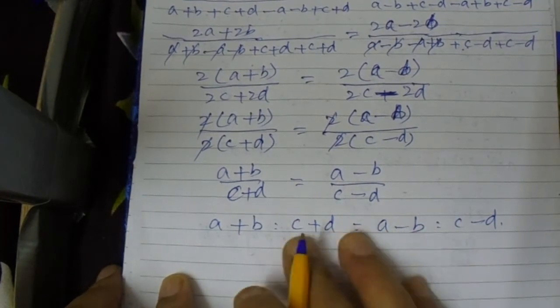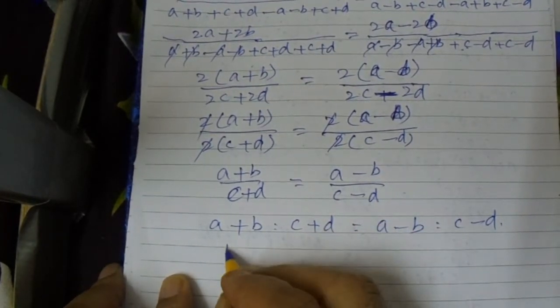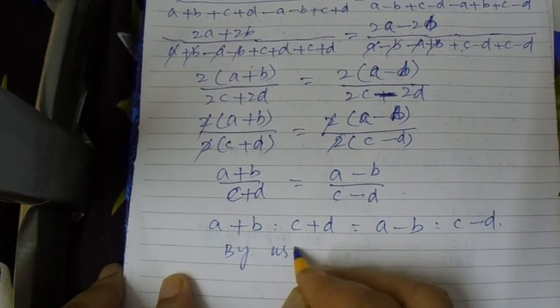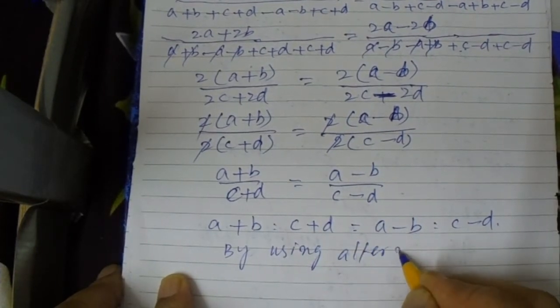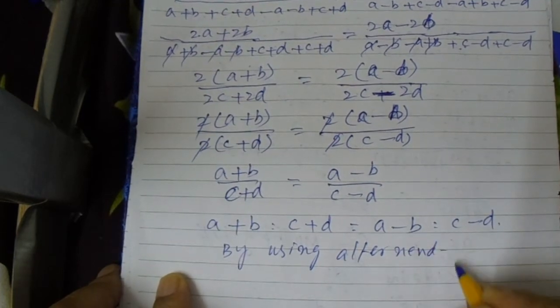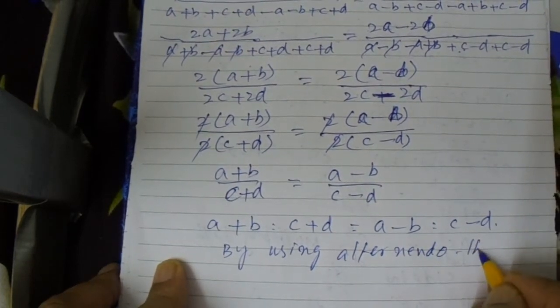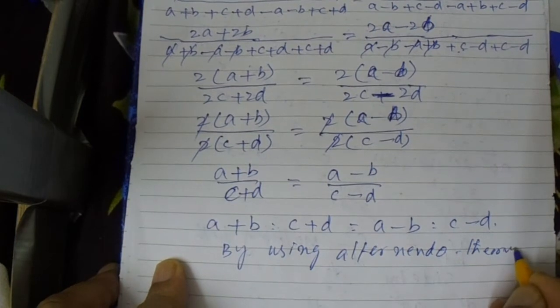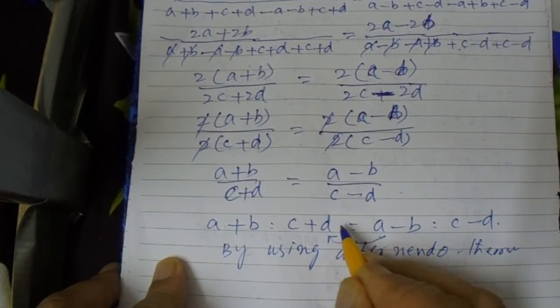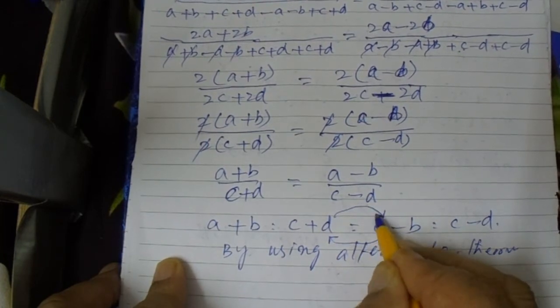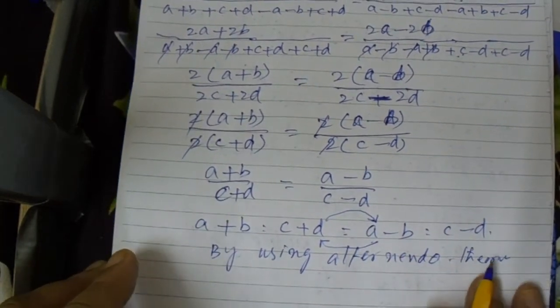Now by using the alternando theorem, it means we shift this onto this place and this onto this place. This is the alternando.